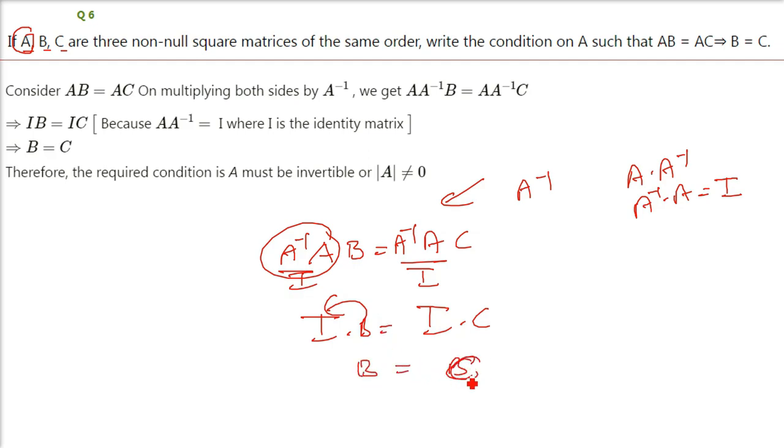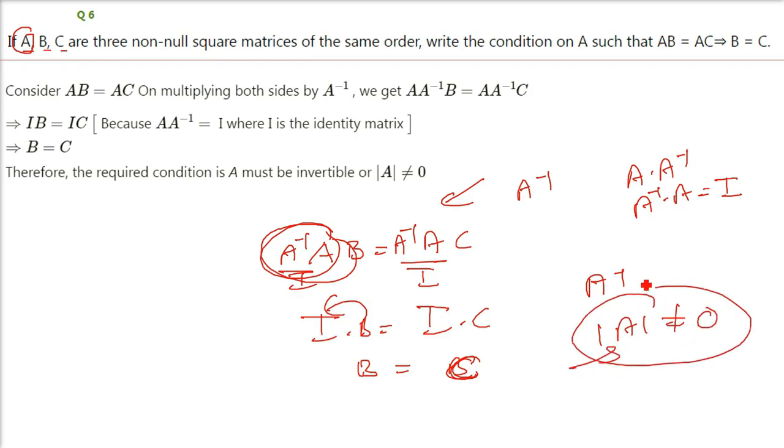So B equals C. Now for that A inverse should exist. And what is the condition for A inverse to exist? When it is invertible, that is, determinant of A is not equal to 0. That is the actual scenario here. So determinant of A should not be equal to 0.